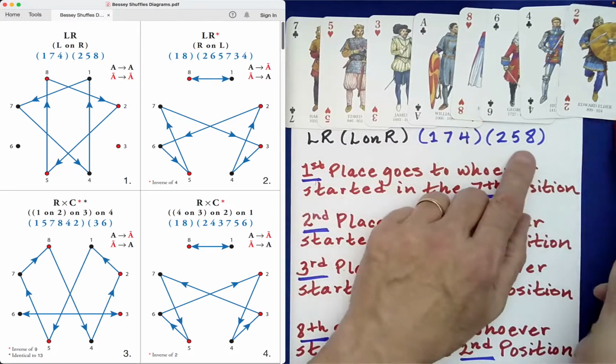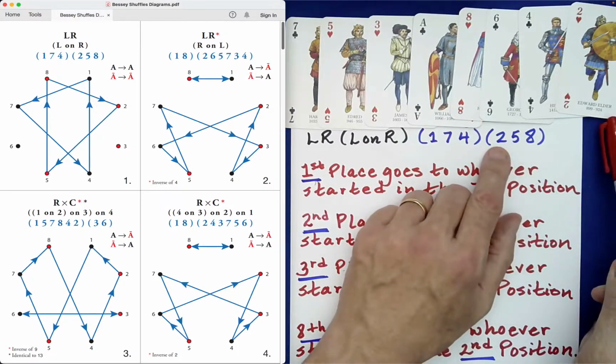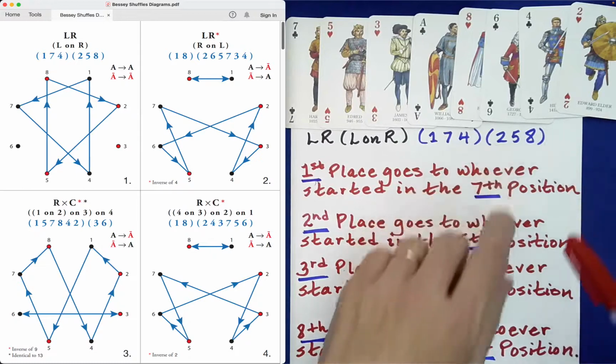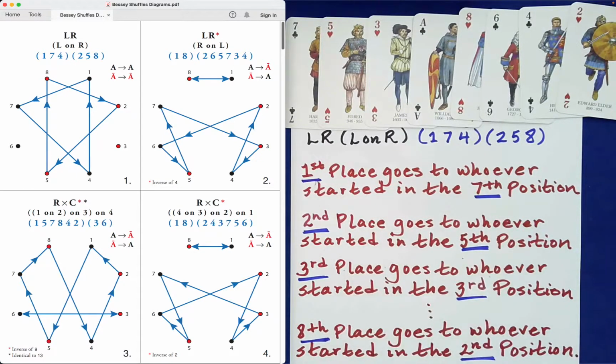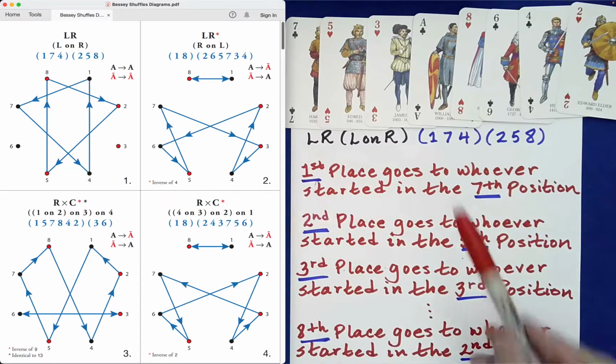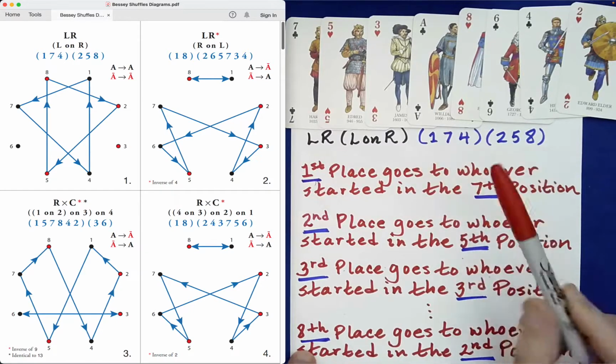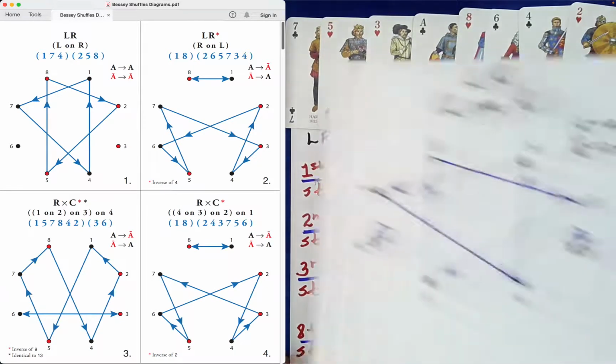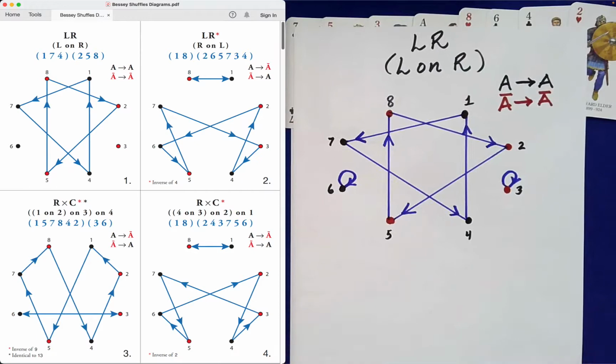And 8th place over here goes to the person who was originally in the 2nd position. So that's a way to interpret these permutations written in cycle notation or as a shuffle diagram, as depicted here. I'm hoping that explains how I got this diagram on the left for the permutation that results from performing this particular shuffle.